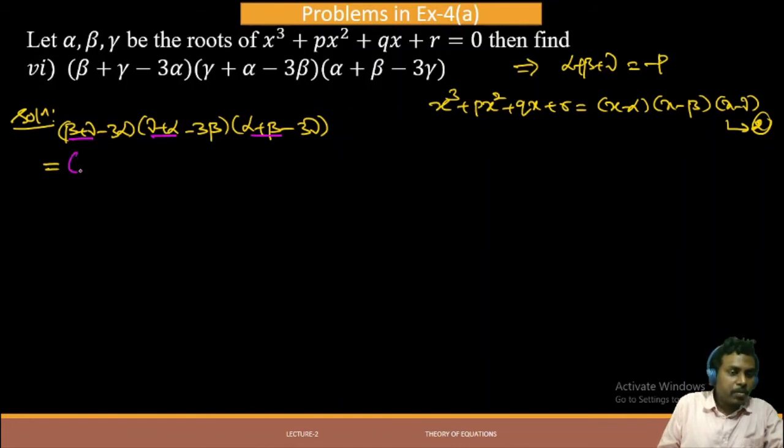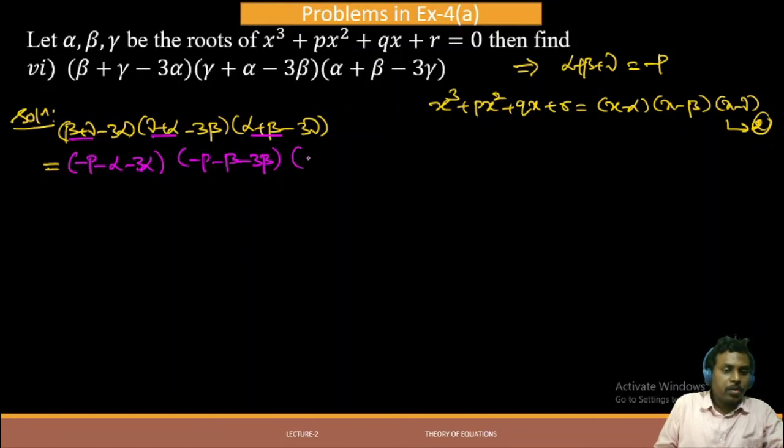Beta plus gamma is what? Minus p minus alpha minus 3 alpha. And this becomes minus p minus beta minus 3 beta into, this is minus p, alpha plus beta is minus gamma, minus p minus gamma minus 3 into gamma.